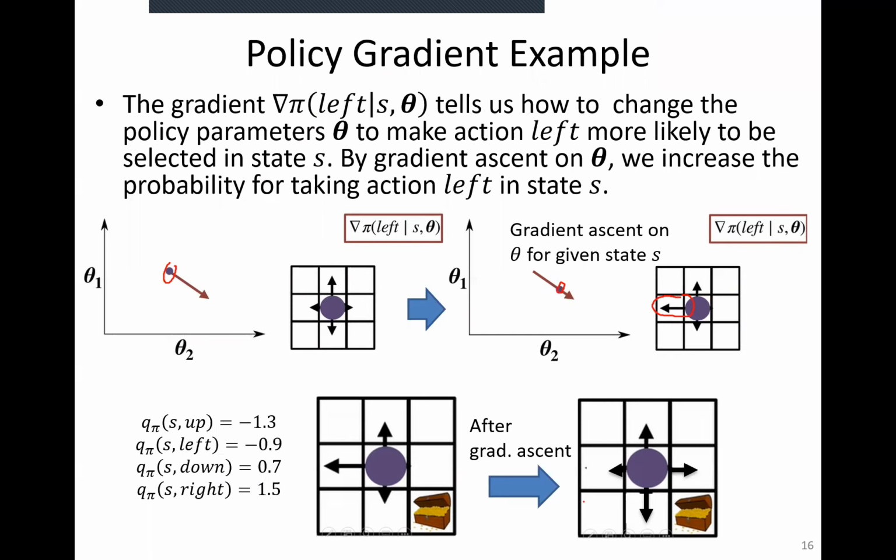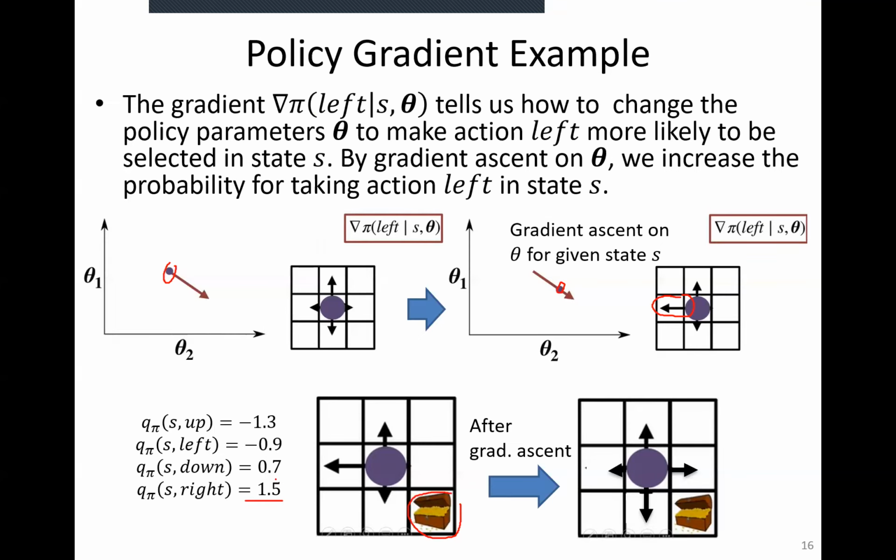So here's an example where you have a high reward in the lower right corner, and the current policy is this. So based on these Q value functions, the Q says that going left has a pretty bad outlook, pretty bad Q value function, and going right is pretty good.